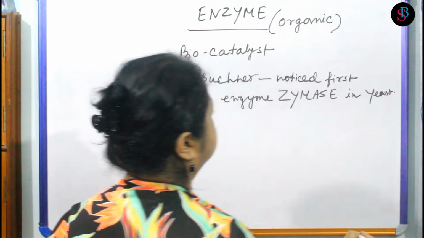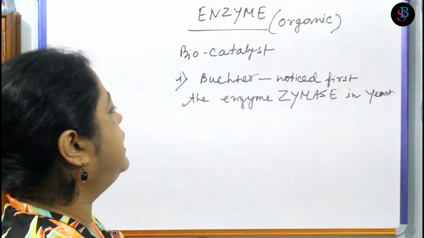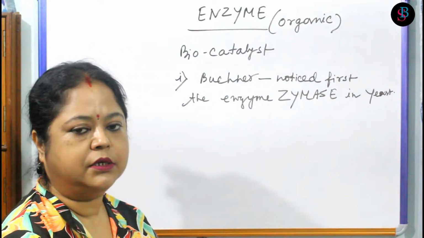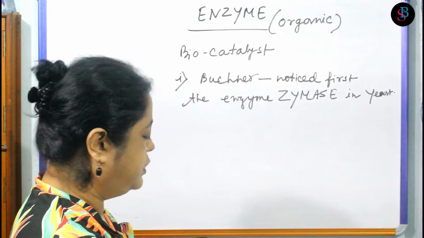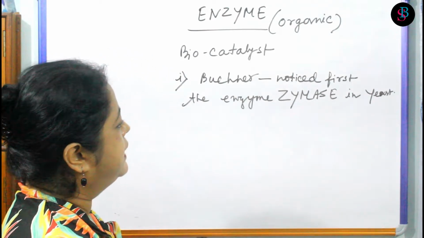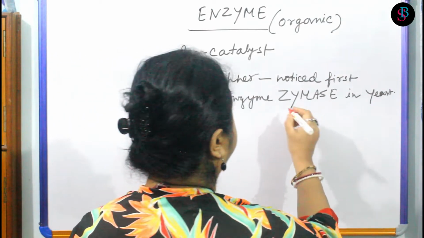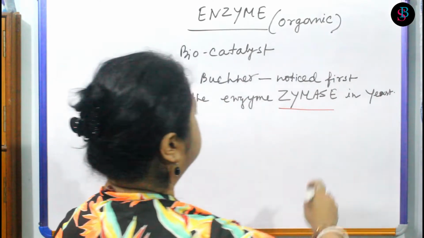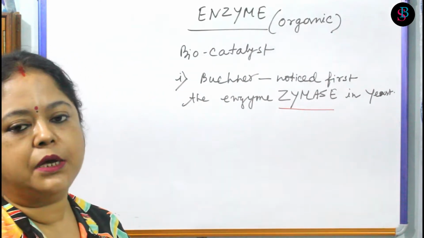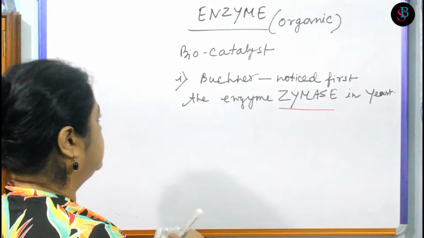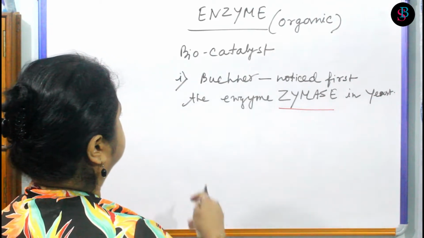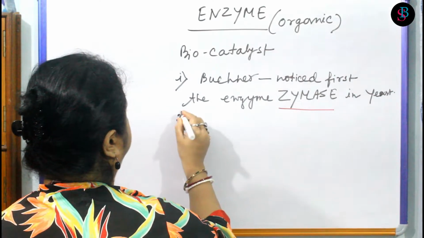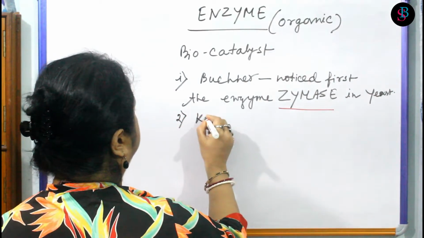I think you know the yeast, yeast is needed to make bread. So yeast is very common thing, very popular thing, and from that yeast he first noticed or observed the enzyme zymes. Number one is Buchner, and then number two, a peculiar name, that is Kuhn.